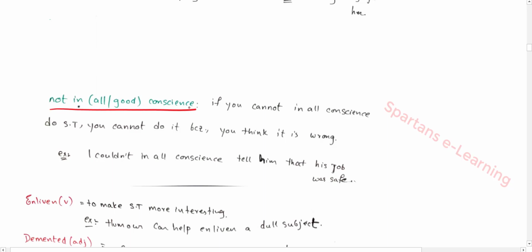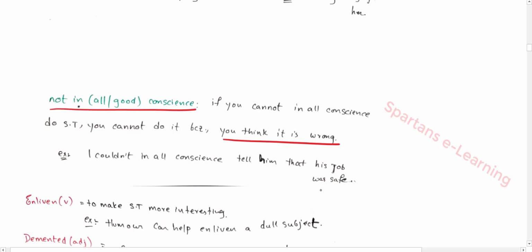Now, not in all conscience or not in good conscience. If you cannot in all conscience do something, you cannot do it because you think it is very wrong. Example: I couldn't in all conscience tell him that his job was safe. That means something bad had happened about his job and he did not feel good telling him that his job was still safe.